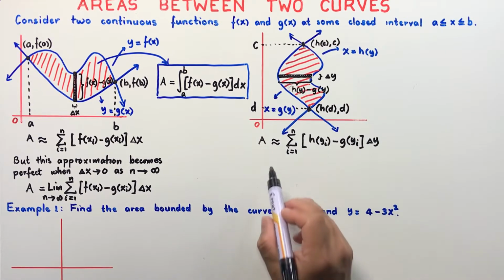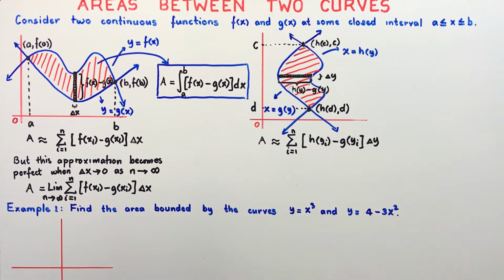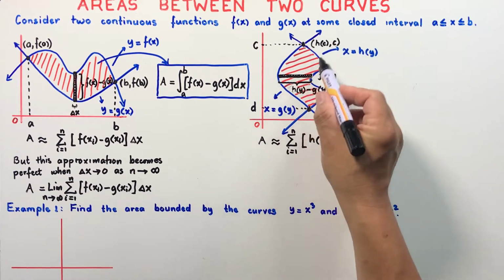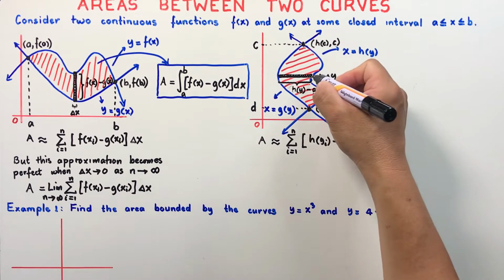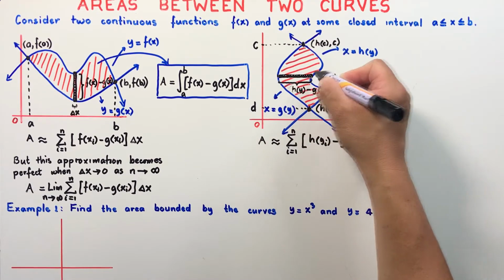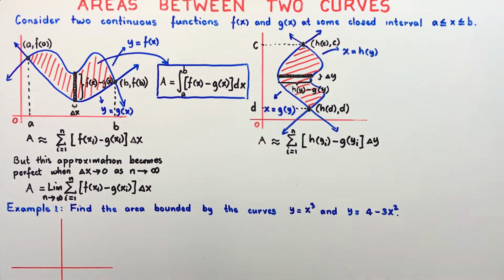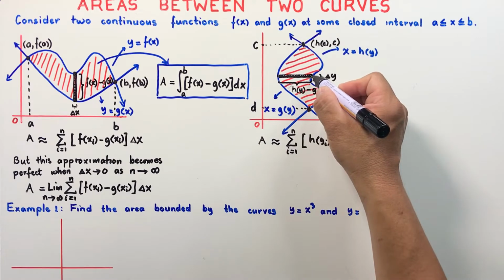Now you notice that this area is only an approximation of the shaded region. Why? Because every slice has a side here that is a straight line. But take note that this is not straight, it is a curve. So there is a little discrepancy of the area.